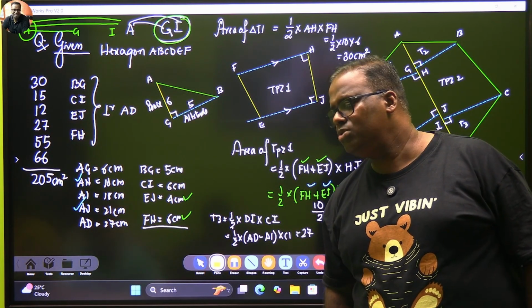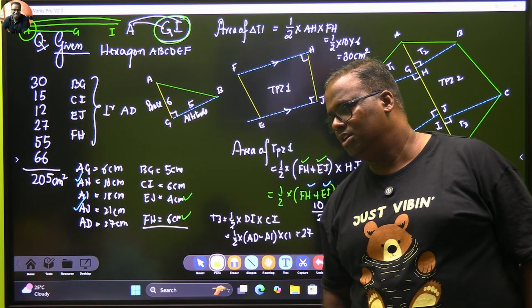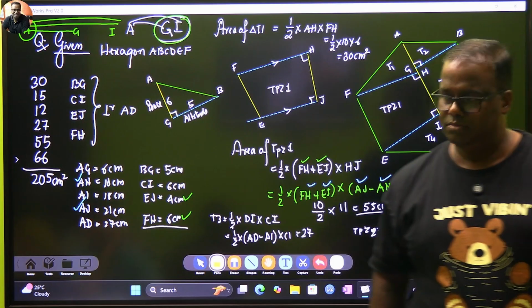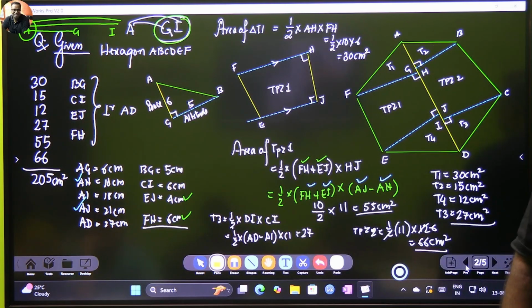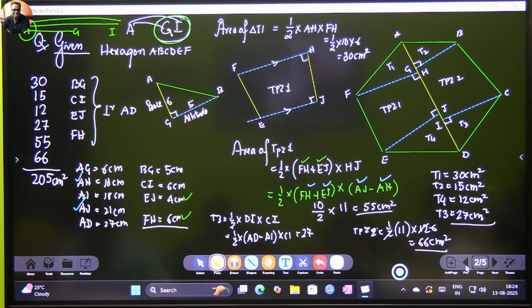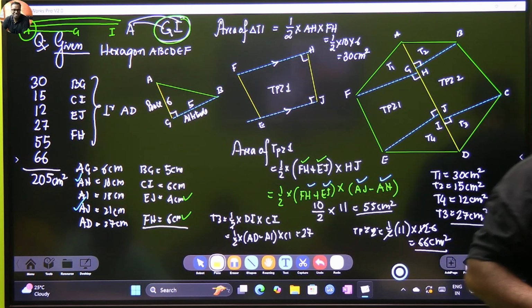AC minus BL, you see whether the data is there or not. If the data is not there, you have to tweak your data. ठीक. What? First problem itself, we are latko. You want me to get in?